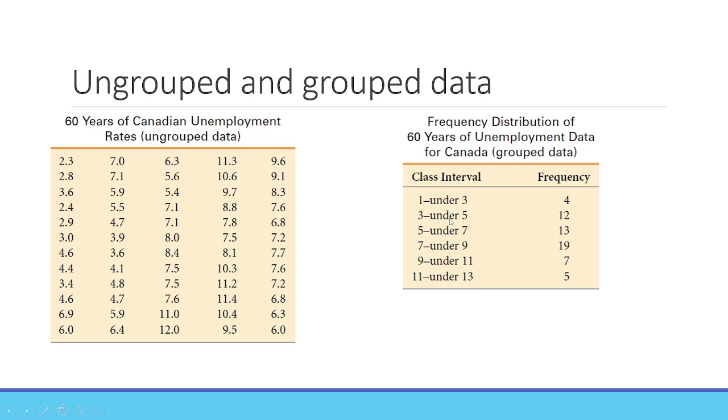From this grouped data, you can understand some meaning: from 1 to 3 the frequency is 4, from 3 to 5 it is 12, and the maximum is in the range 7 to 9. So this becomes very helpful to study the data.